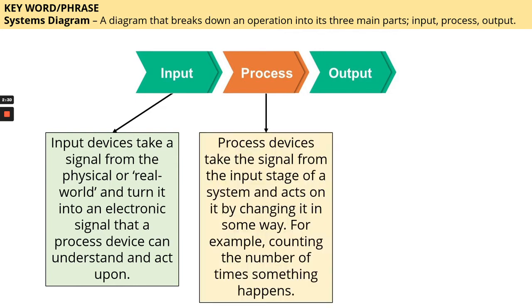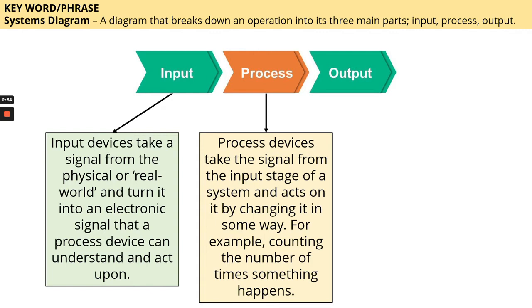So when the process device gets that signal from the input device, it acts on it by changing it in some way. So it will take that input signal and change it to a different outgoing signal, which is then sent to the output device.